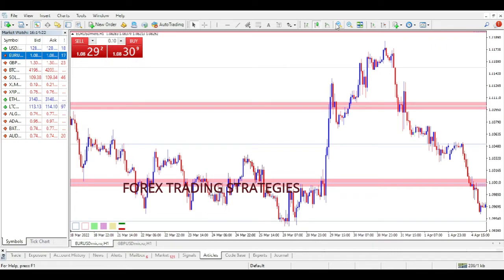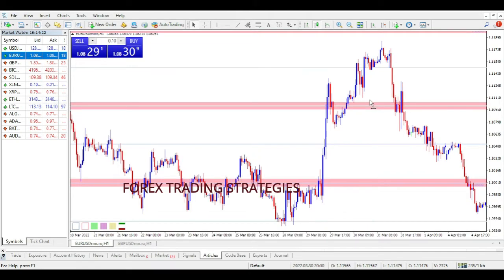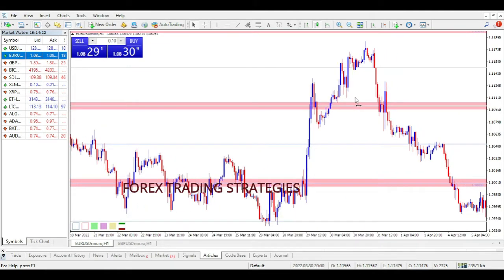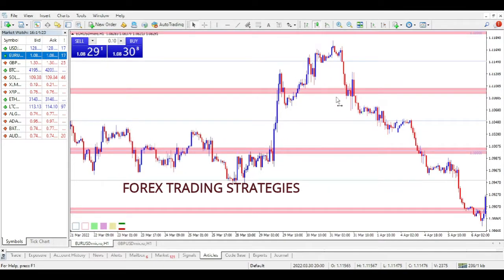So you get 4 announcements per year. They happen every 3 months. Unlike interest rate decisions that happen monthly, employment data announcements that happen monthly, and the inflation announcements that happen monthly, the GDP announcements actually happen on a quarterly basis.